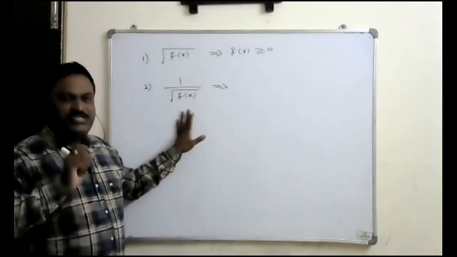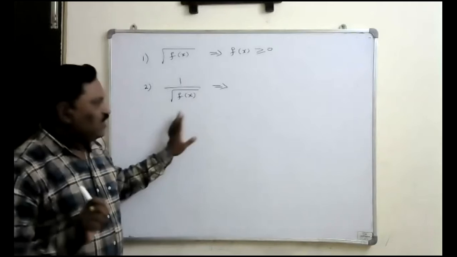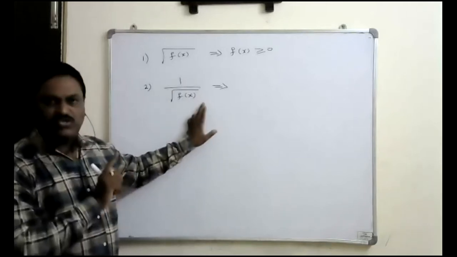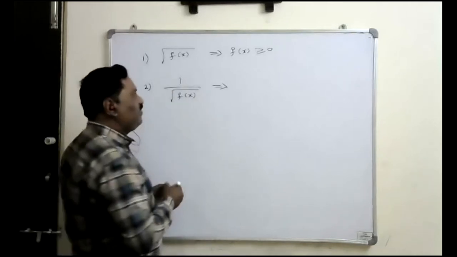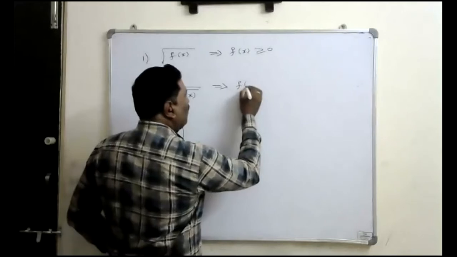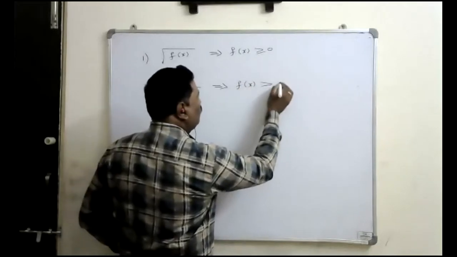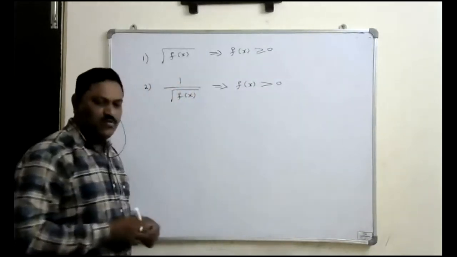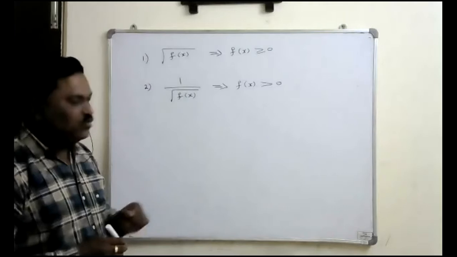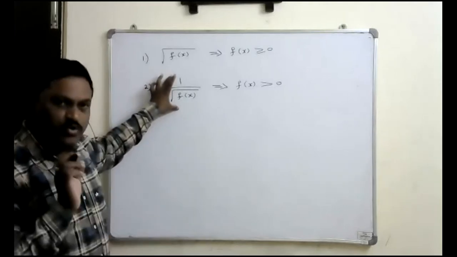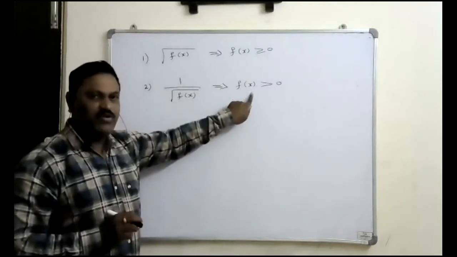And because of the square root, a negative value also should not be taken. So this is defined only if f of x is greater than 0. Only then is this function defined. We have to remember that condition.